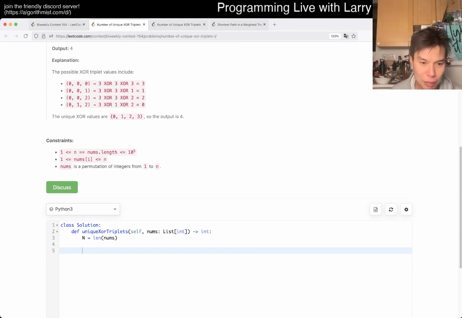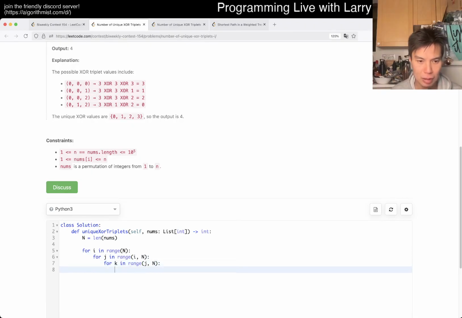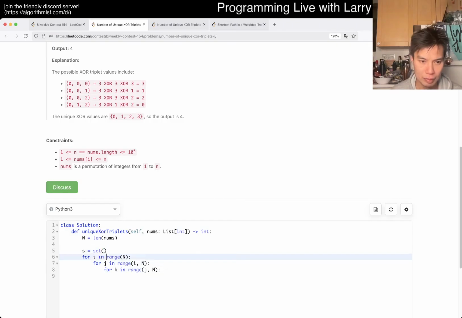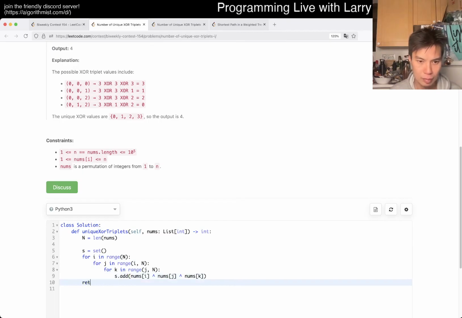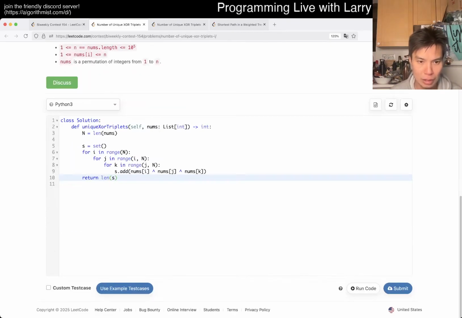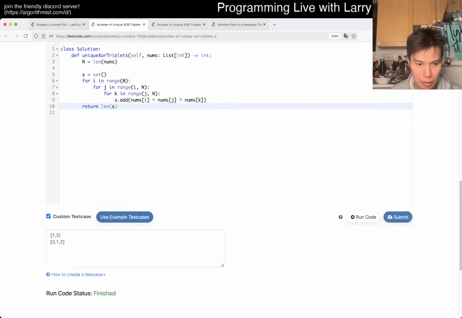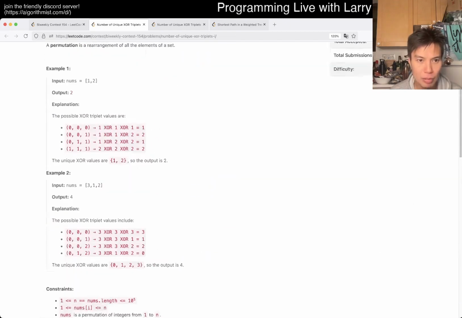I guess, okay, let's brute force this, right? I mean, you're not doing anything else, Larry. Okay, so this is obviously too slow, but 2 and 4, okay.